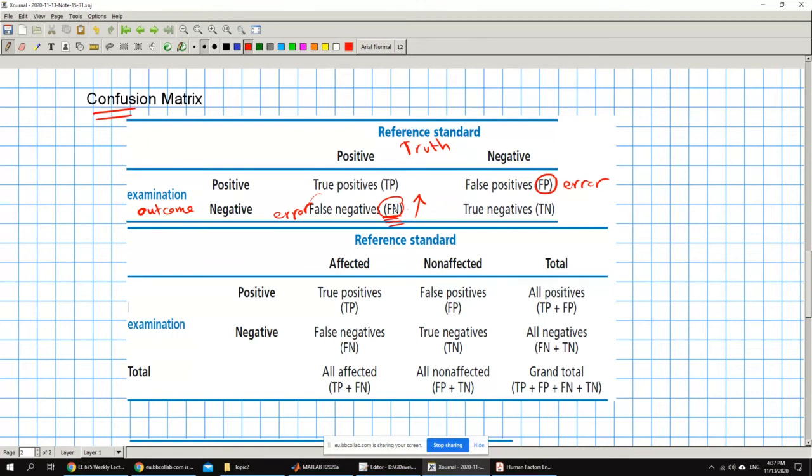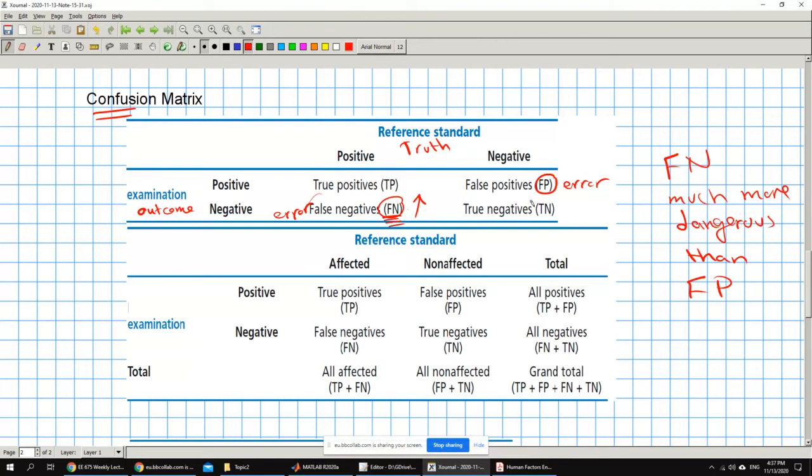So false negative is much more dangerous than false positive.